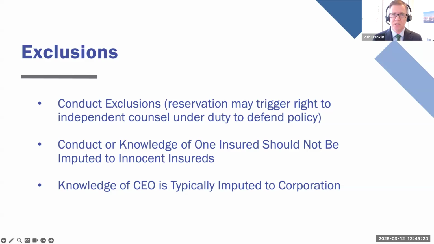And oftentimes the insurance company will reserve its right to deny coverage in the event certain exclusions are triggered. And one of the classic examples, which would create a right to independent counsel, is where there are negligence allegations, but also allegations that maybe an insured officer acted intentionally or in a deliberately fraudulent manner.